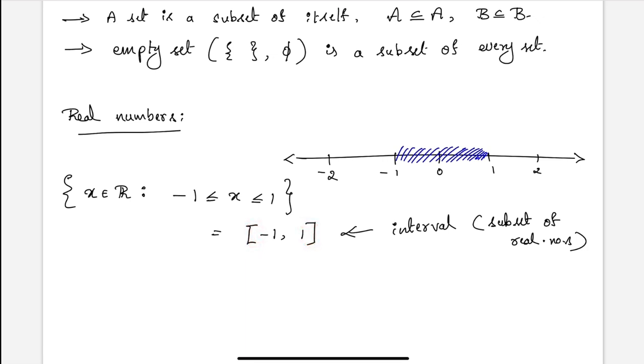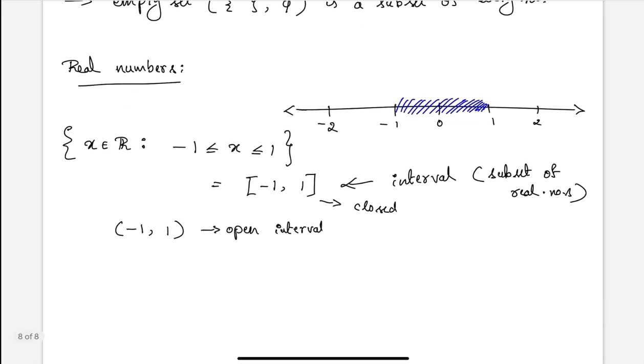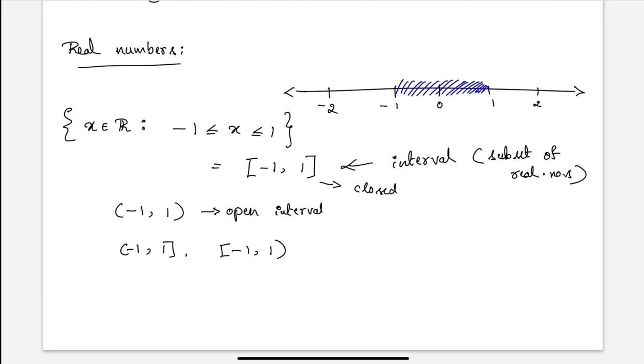Suppose I collect only the numbers between -1 and 1, excluding the endpoints, this we will call an open interval. Similarly, you can have half open, half closed also. So intervals are subsets of real numbers.